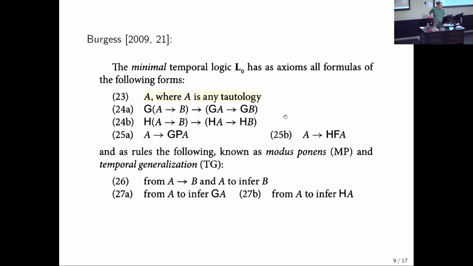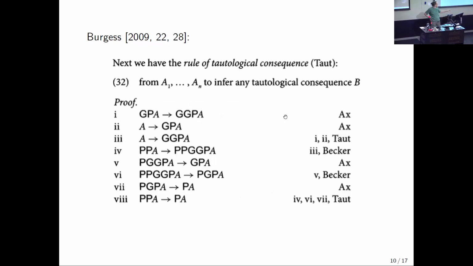He also has this rule of tautological consequence, a rule of inference where from some statements you're allowed to infer other statements that follow validly from them. In an example of a proof, the third line follows from the first two by this rule. But again, to check that proof, you'd have to ask whether the third line really follows validly from the first two, and we don't have any feasible procedure for checking that.